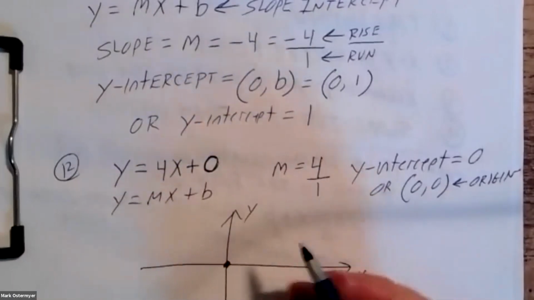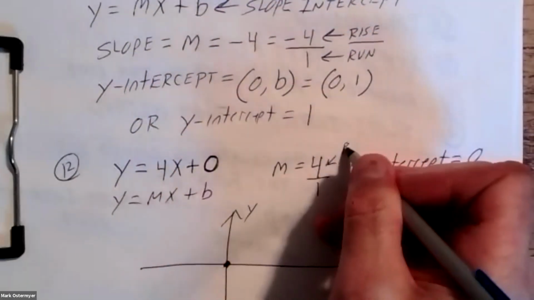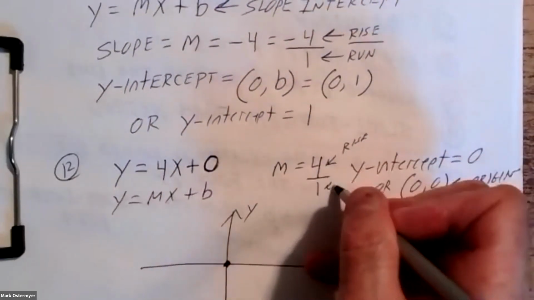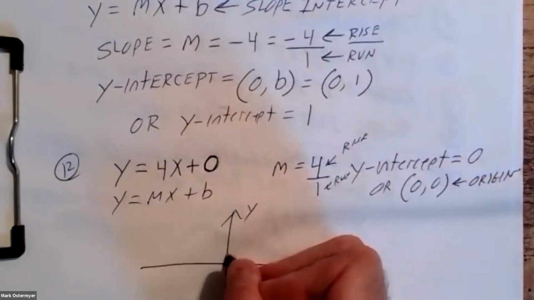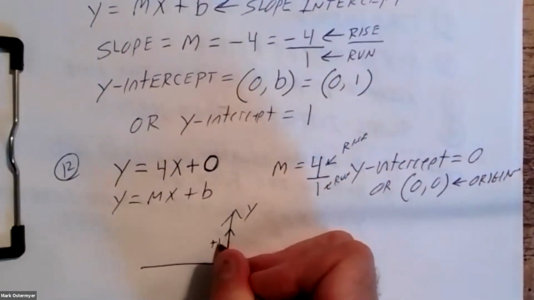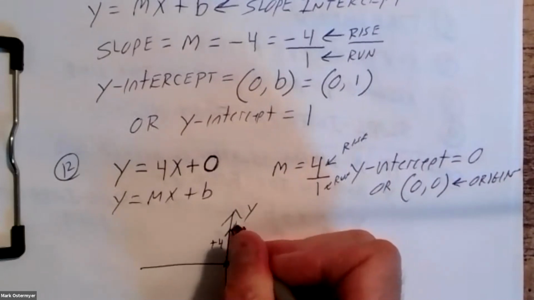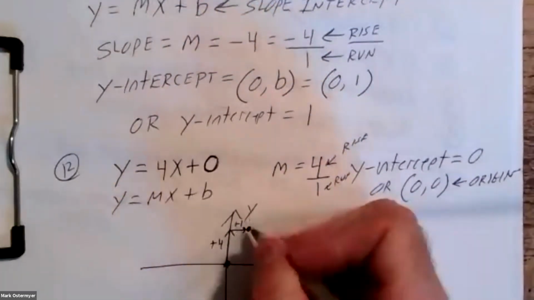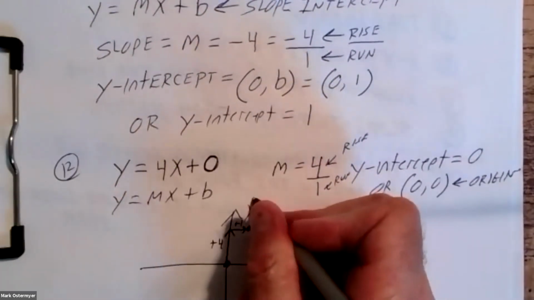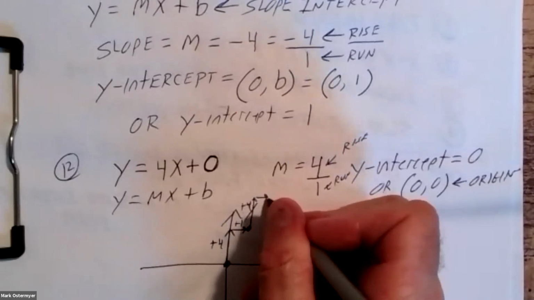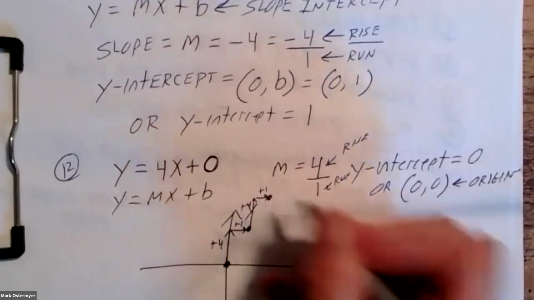The y-intercept is the origin, and the slope is a rise of 4 over a run of 1. So for every 4 units you go up, you'd have to go over 1 positive unit. Plot a point. Do that again, up 4, 1 to the right, plot another point.